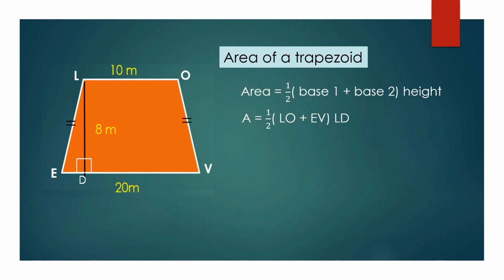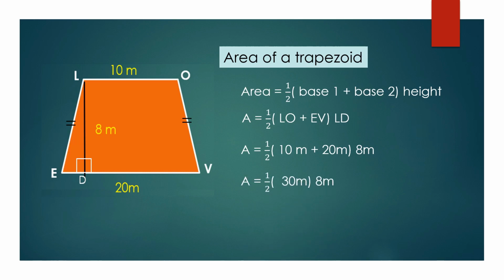Then we have A is equal to 1/2 times the length LO plus the length EV, times the length LD or the height. So in this case, substitute the given to the formula. So we have A is equal to 1/2 times the quantity 10 meters plus 20 meters times 8 meters.